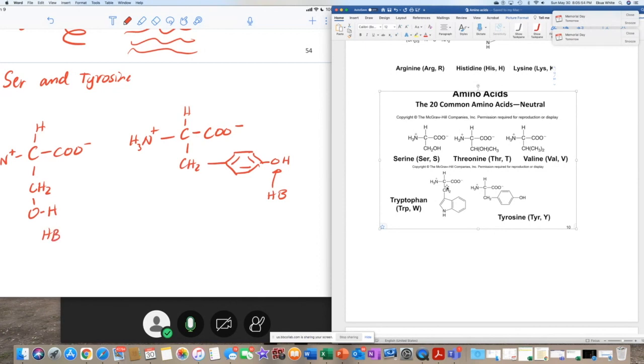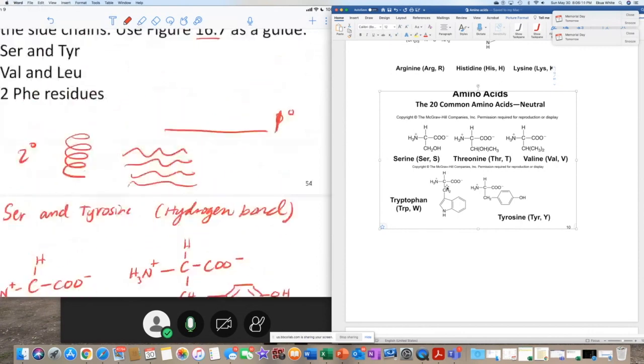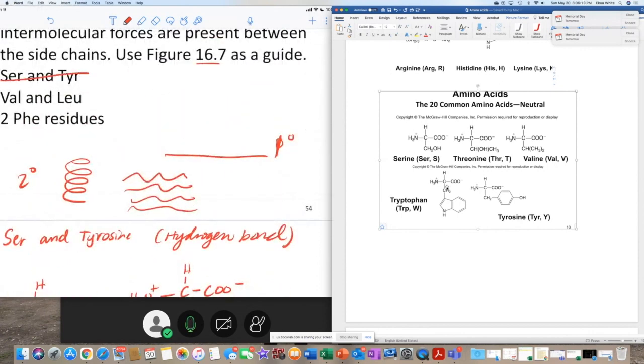So this one can hydrogen bond also. So they can hydrogen bond with each other. I'll say here, hydrogen bond. Okay, what was next? So we're done with this.